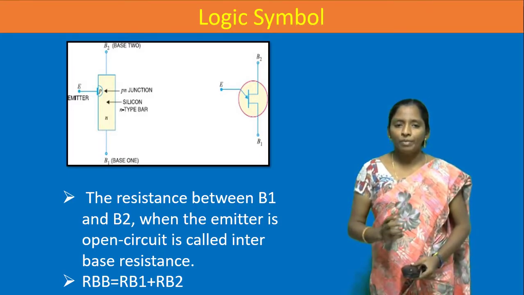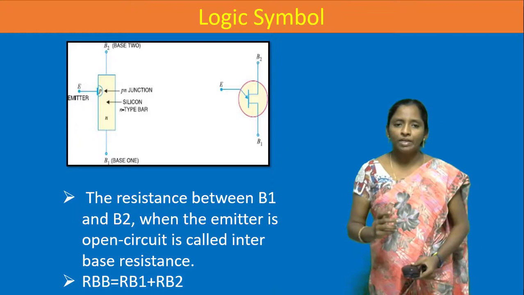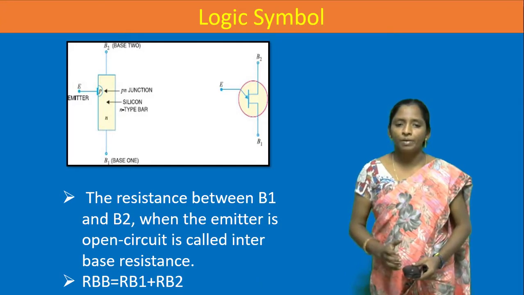One terminal taken from the P-type is called the emitter, and from the two ends of the N-type bar we take two terminals, base 1 and base 2. The resistance between base 1 and base 2 is known as the interbase resistance, the sum of RB1 and RB2, represented as RBB.